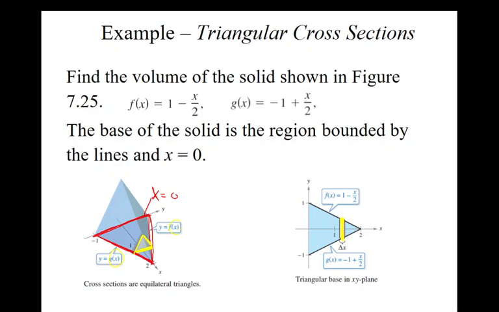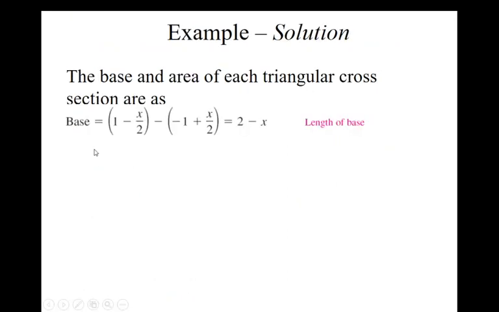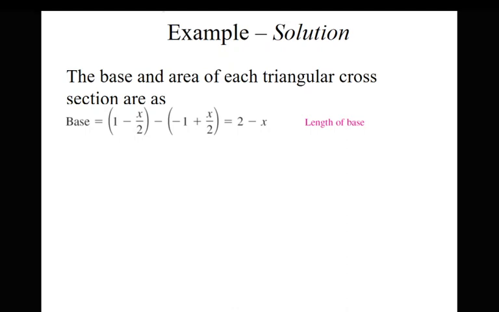All right, so here we go. The base and the area of each triangular cross-section are set up as this. The base of my equilateral triangle is just like we said. It is the function on top minus the function on bottom, just like what we were doing with cross-sectional areas.